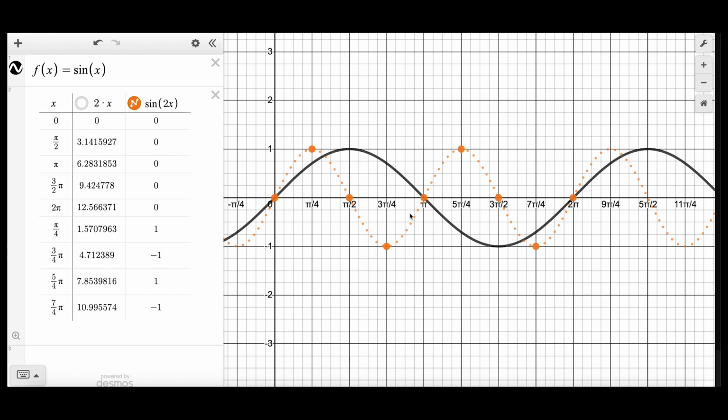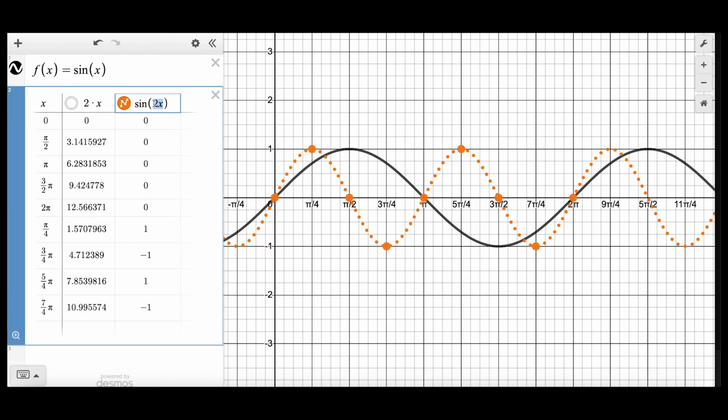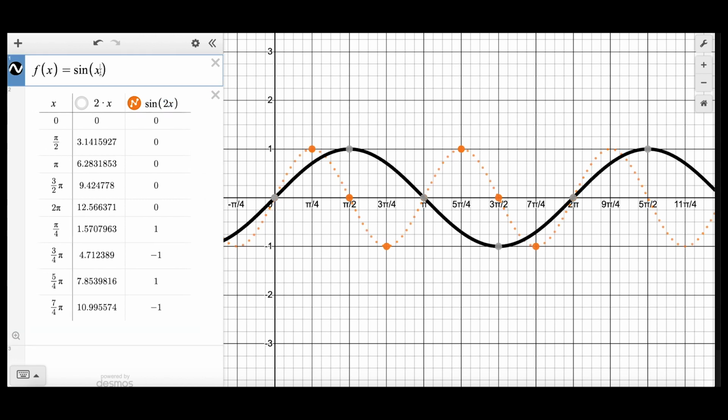It goes up, down, back, up, down, back. And it does that in the same amount of time that sine of x does its 1, up, down, back. So this tells you the amount of periods, or the amount of cycles it does, in the time that the old one took to do just 1.